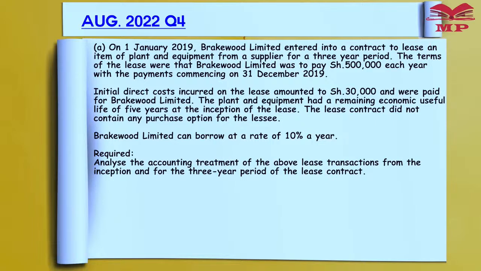The plant and equipment had a remaining economic useful life of 5 years at the inception of the lease. The lease contract did not contain any purchase option for the lessee. Breakwood Limited can borrow at a rate of 10% per year. Required. Analyze the accounting treatment of the above lease transaction from inception for the 3-year period of the lease contract.